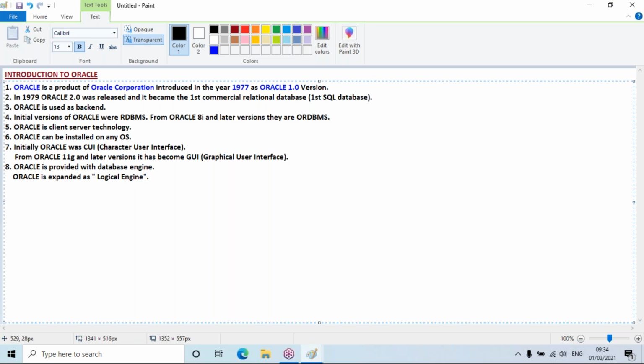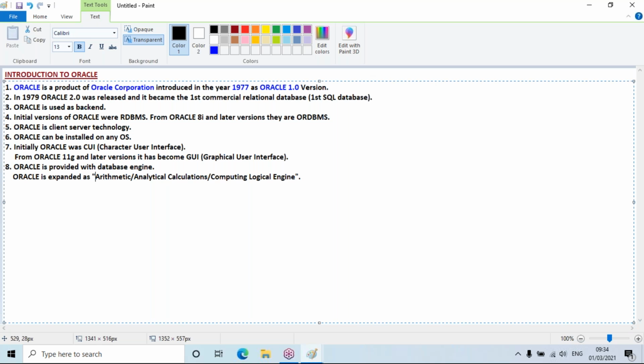It not only supports logical operations, it even supports arithmetic calculations. Another expansion of this is analytical computing. Arithmetic calculations or analytical computing, logical engine.